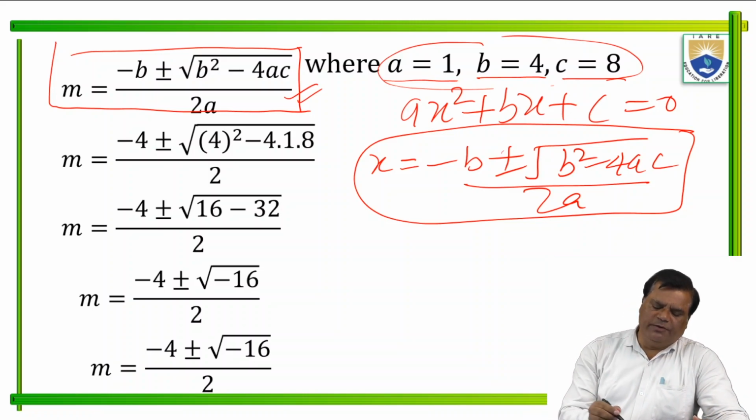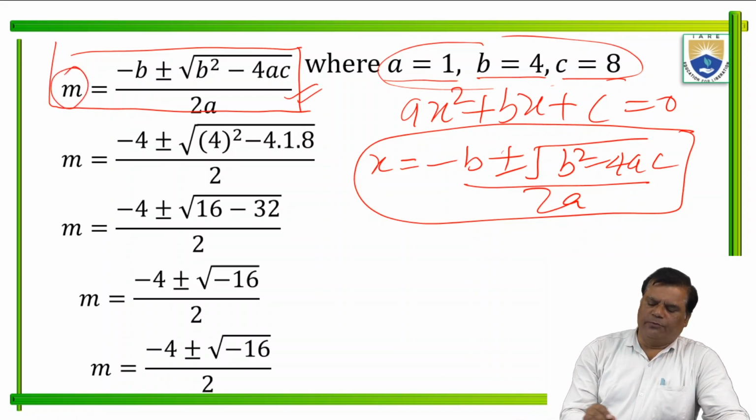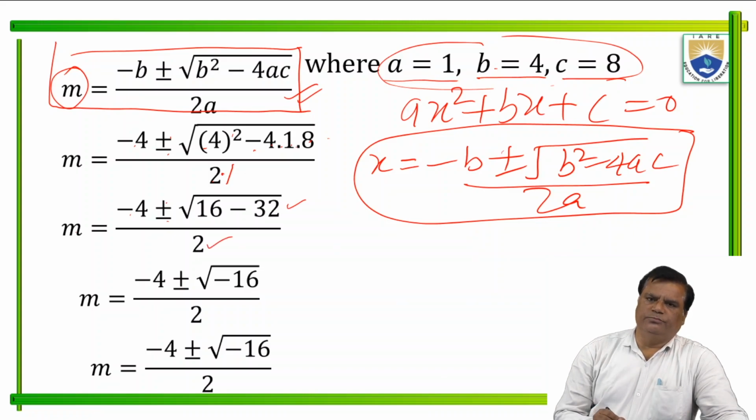Then after solving, we find the value of m. So m equals minus 4 plus minus under root 4 square minus 4ac, that is 4 into 1 into 8, upon 2 into 1.